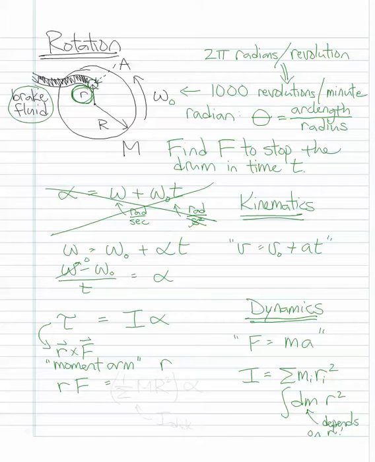But if we do that integral, or we look it up in a table, it turns out to be 1/2 m r squared. This is the moment of inertia for a disk. Okay, times alpha, that thing that we have. So I think we're actually ready to solve for the force.